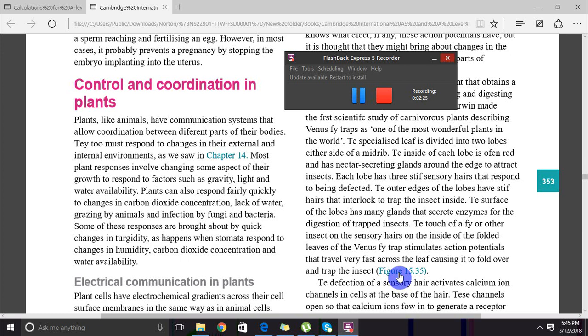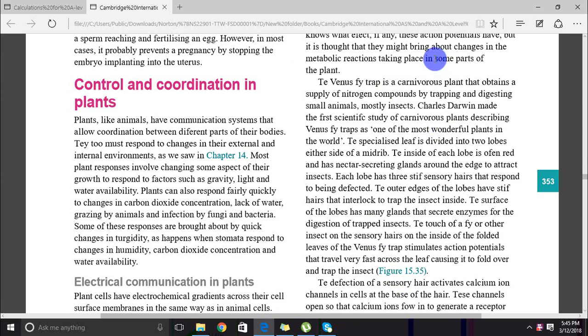While plants don't have the sort of complex nervous system that mammals do, they do have something that resembles electrical communication. There are differences though in the electrical communication that you would find in a mammal and within a plant. There are similarities and there are differences.